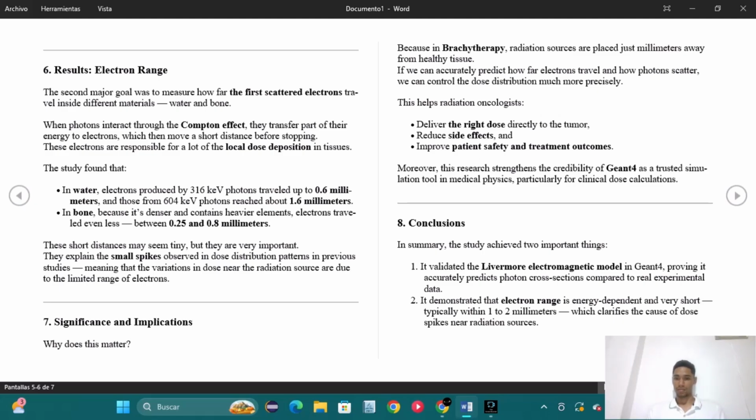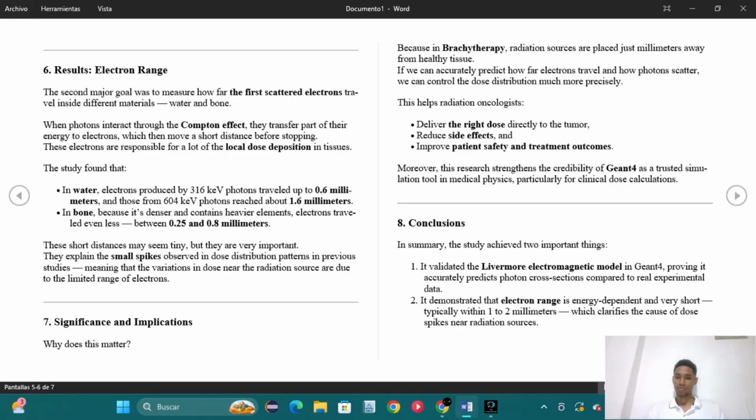This helps radiation oncologists deliver the right dose directly to the tumor, reduce side effects, and improve patient safety and treatment outcomes.